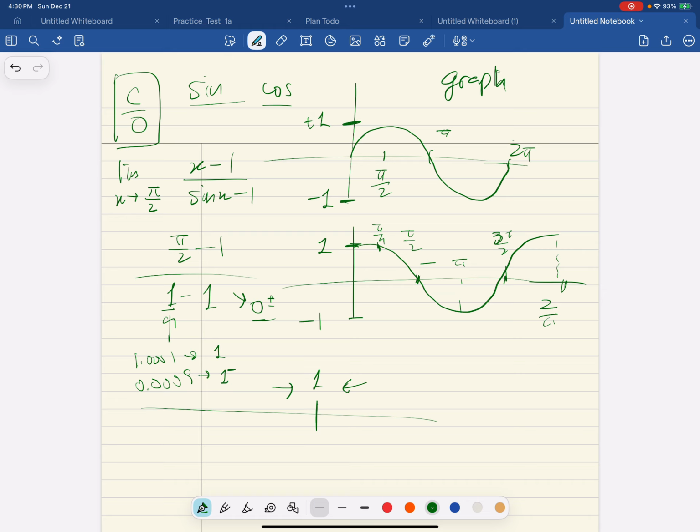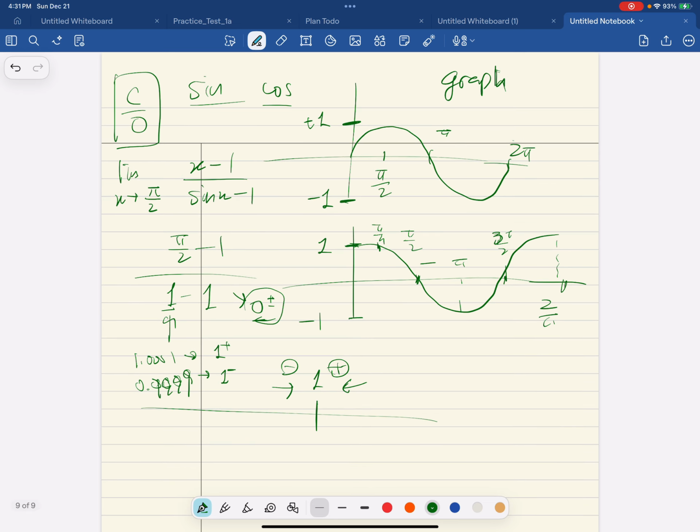So this is a 1 from the negative, and this is a 1 from the positive. Over here is positive, over here is negative. Whatever that 1 is supposed to be, either 1.0001 or 0.9999, your 0 here will end up plus or minus. How do you look at that?